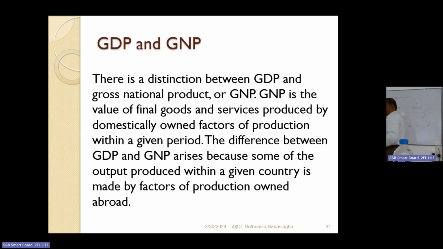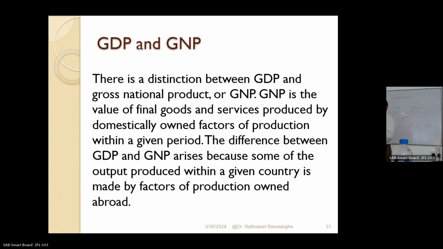Now this is how we can calculate the current price and constant price, right? Constant price is very important. Current price always increases over time, because price also increases. So when you value the output, it increases year by year. If you look at the central bank annual reports, GDP at current price and the market price always increase.